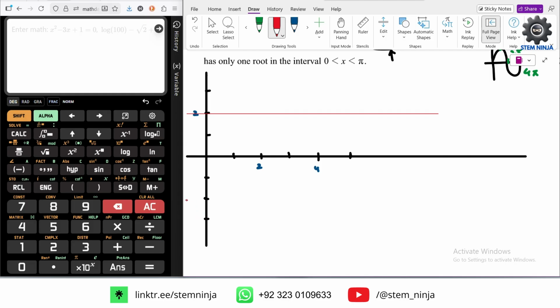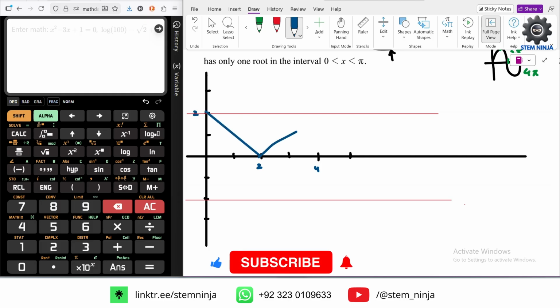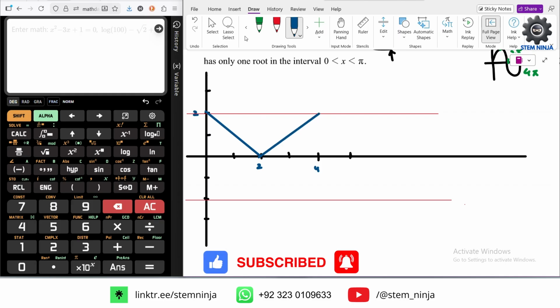So if I just draw a very thin line over here to show the range of the sine function, because 2 is the amplitude, so it's jumping in between that. So the mod function, 2, and at 4, right?